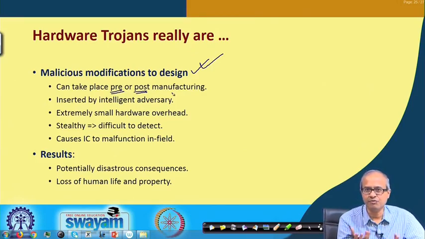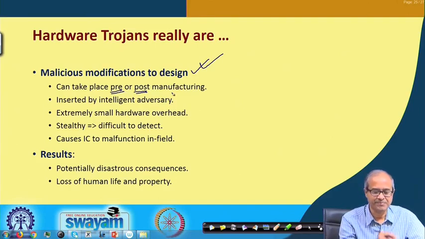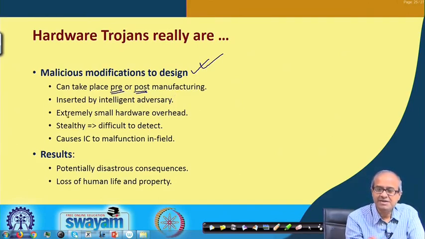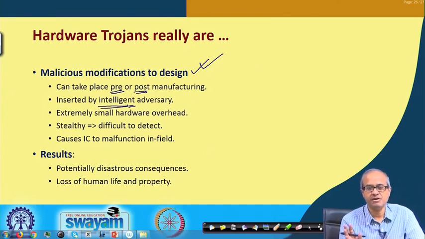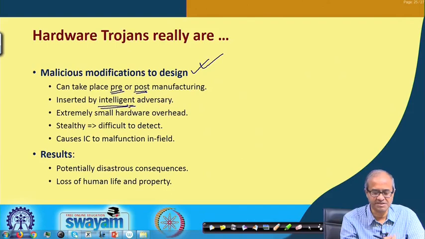So, you will not know, it can happen at many places. These are inserted by some adversary who is certainly very intelligent, because no ABC can do this; only an expert can do this kind of malicious insertion, malicious modification.